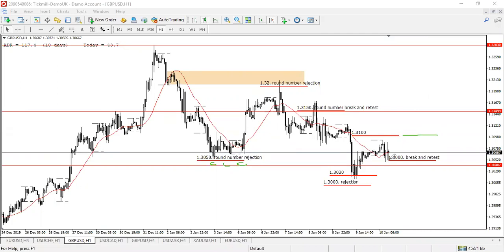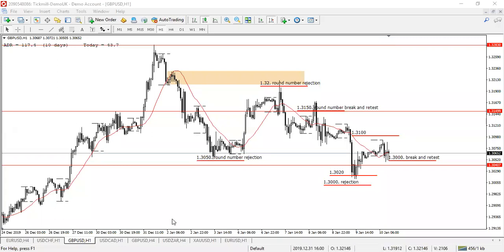Remember, in the bigger picture GBP USD is bullish, so probably they will push up, come here, break this round number, and retest it. And then probably they come here to 1.350, break it, test it. I don't know what will happen here because stops are accumulated in this area. So that is all about GBP USD.